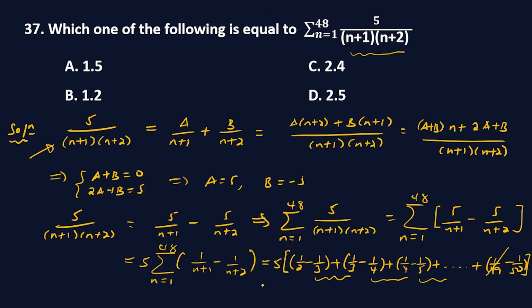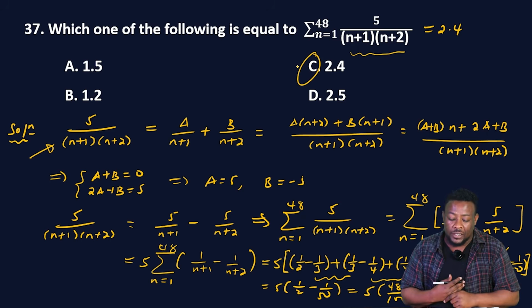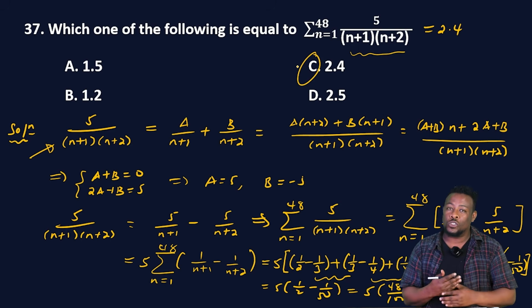So this is 5 into (1 over 2 minus 1 over 50) ይሆናል ማለት ነው. So crisscross ልናደርገው እንችላለን: 5 into 48 over 100 እንደማለት ነው. This means 240 over 100, the result is 2.4. Okay, so the summation in this question is 2.4. እዚህ 37ኛውን ጥያቄ መልሳችንን ሲ ላይ እናገኘዋለን ማለት ነው. እንደዚህ አይነት ጥያቄ ሲገጥመን ልንጠቀም የሚገባው decomposition into partial fraction የሚለውን ኮንሰፕት ነው, because this sequence is not arithmetic, it's not geometric.